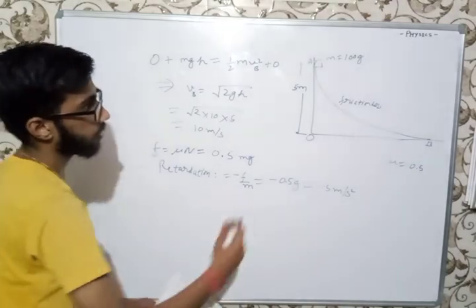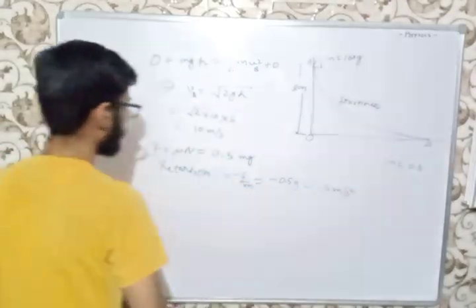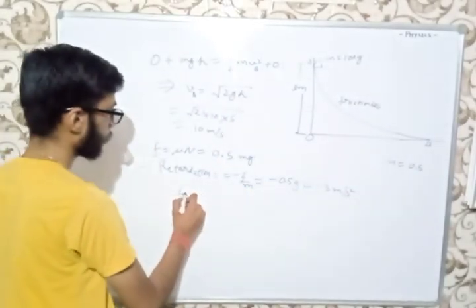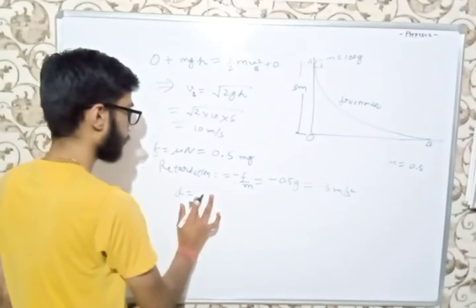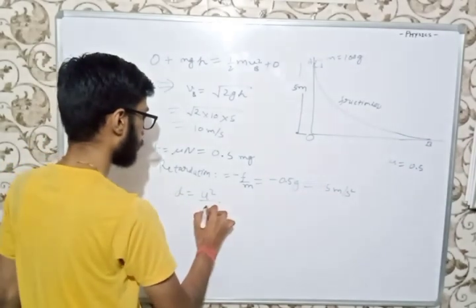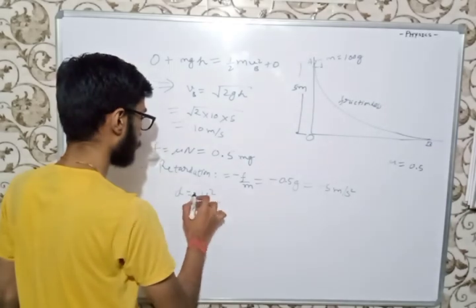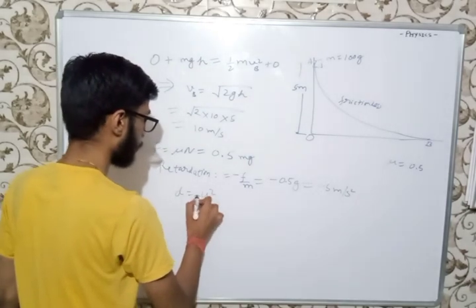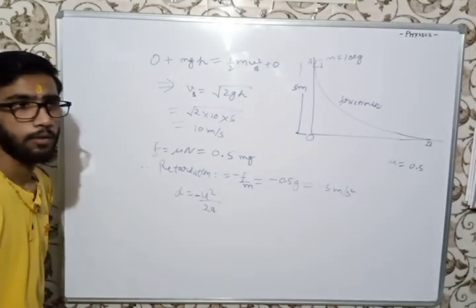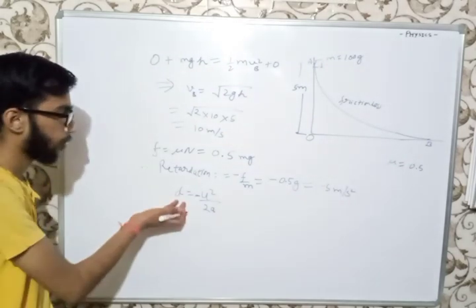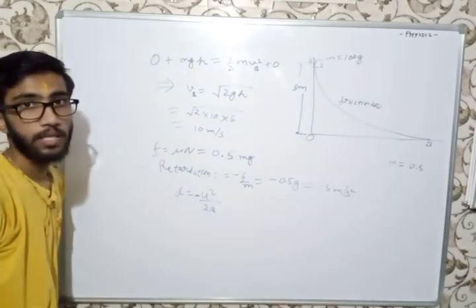So the distance that it will travel is simply d equal to negative u square upon 2a. You might have studied this formula; it is called stopping distance.